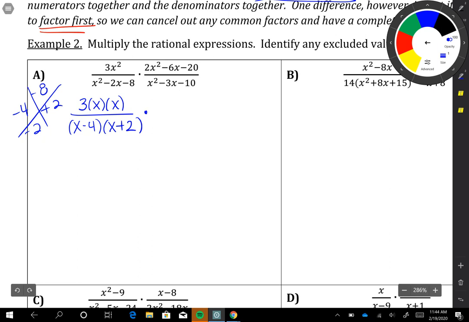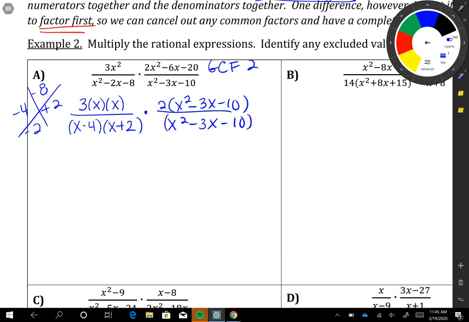Okay, nothing canceling yet. Maybe when I factor the second fraction, I might see something. In my numerator, I have 2x squared minus 6x minus 20. All of those numbers are divisible by 2, so I'm actually going to take out a GCF of 2. All right, so pulling that out, that leaves me with x squared minus 3x minus 10, which hopefully you see is the exact same thing we have in the denominator.